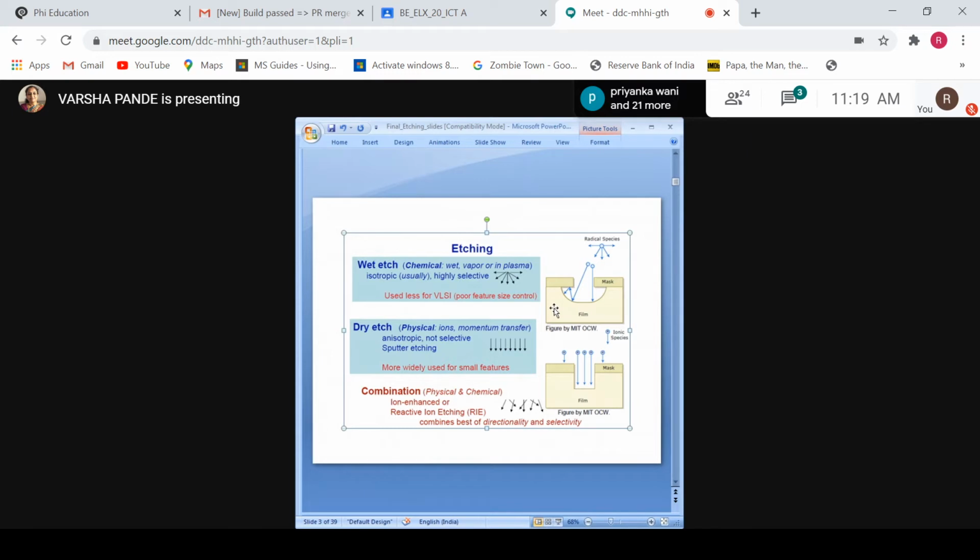Isotropic in nature means what? You can see in the first diagram that the part you don't want to etch is protected by using a mask. Whatever the dark color is, that is the mask, and below it is the substrate. Then when you keep this in the etchant solution, what will happen?